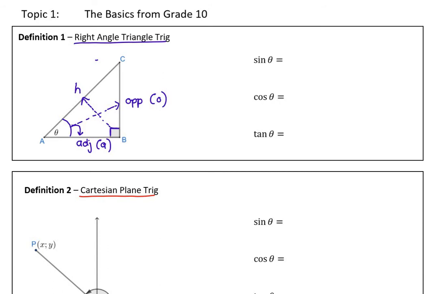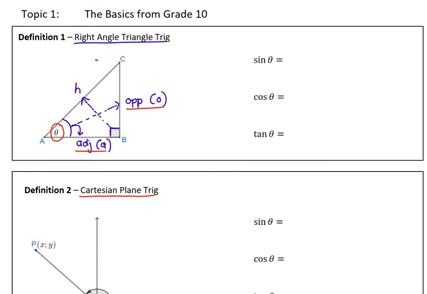I always put in the opposite first, and then the hypotenuse, and then lastly the adjacent, because you'll notice that the hypotenuse is also adjacent. So sometimes if you haven't labeled in your hypotenuse, you can get a bit stuck. The next important thing to notice is that the words like opposite and adjacent are prepositions. They're all about telling you the position. Now, these are all with respect to theta.